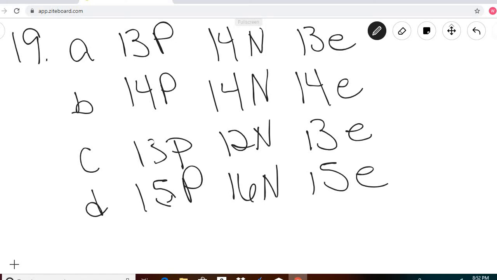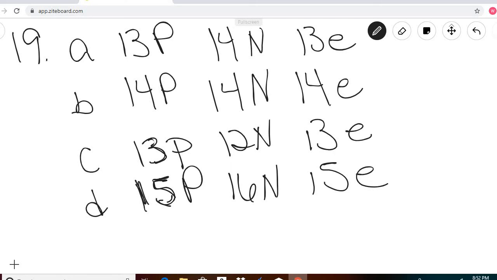Okay, so what is an isotope? An isotope is a form of an element. So an isotope is the same element, but the element has different numbers of neutrons. And the thing that determines whether something is the same element is if they have the same number of protons.